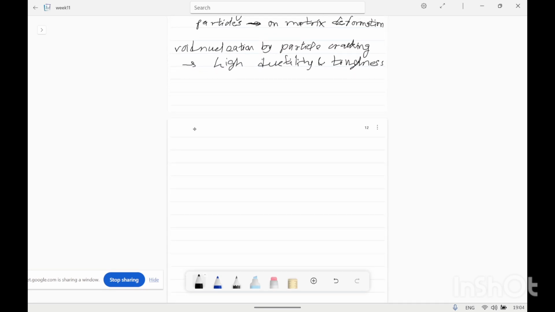And if there is a stronger matrix, meaning ductility is low, that will lead to lateral growth and decohesion of particles. There will be lateral growth and no constraining effect occurring on the matrix.